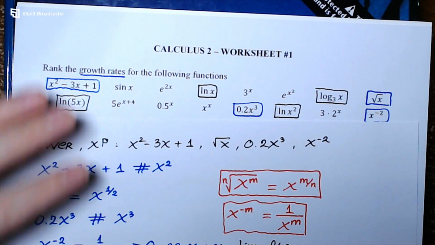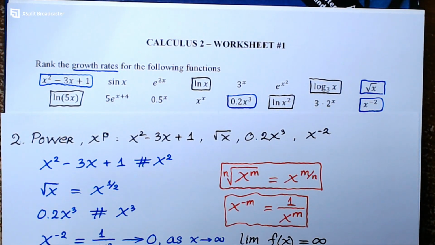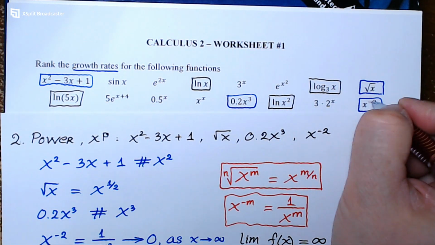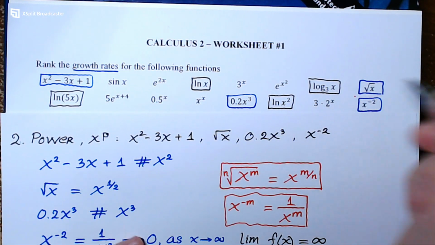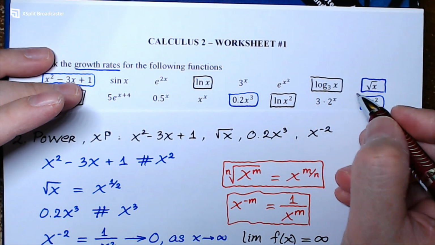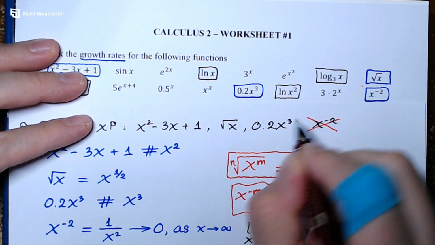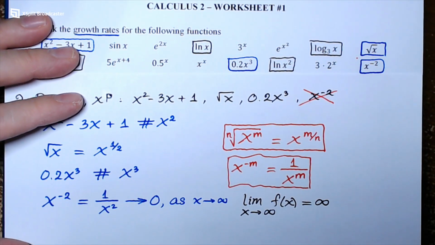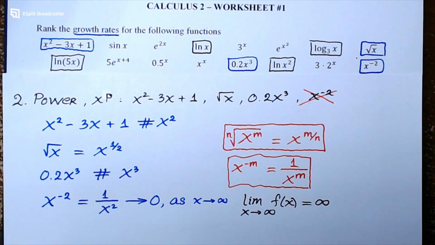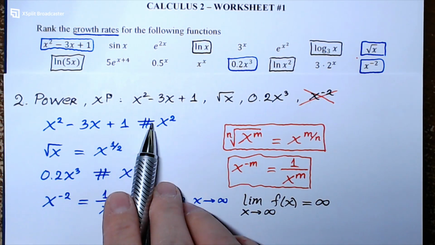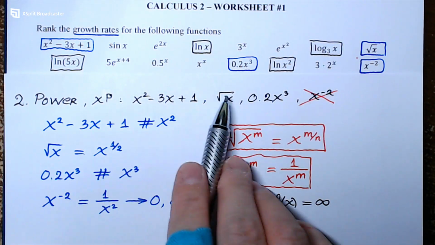So we say, okay, this will not have a growth rate. I just want to cross that out, because that doesn't even have a growth rate. Keep that. And now within that we can rank the rest of these functions.